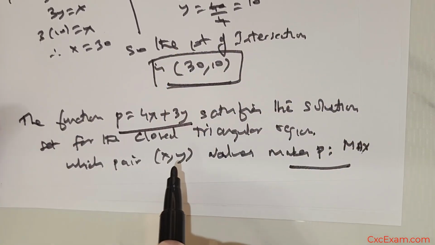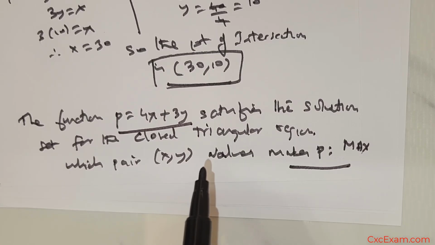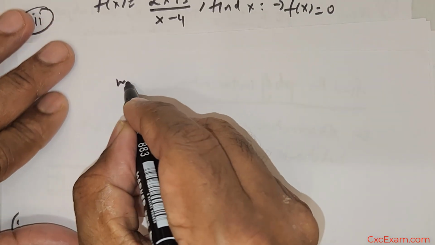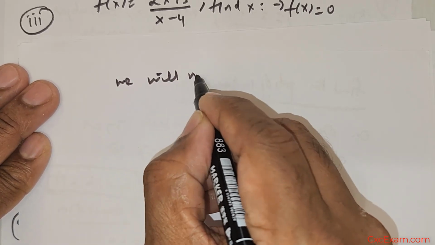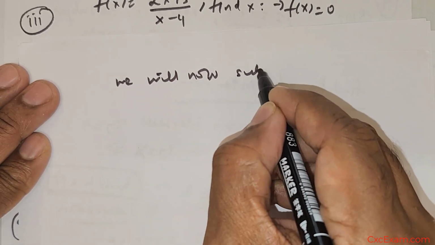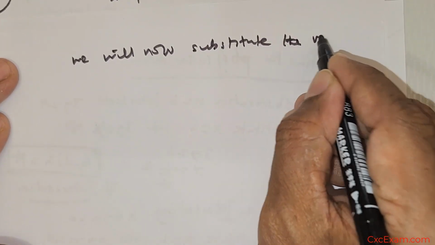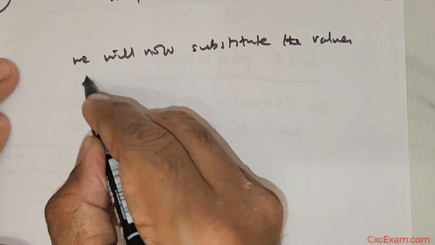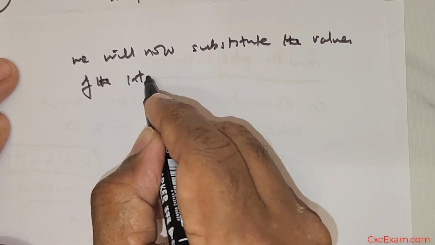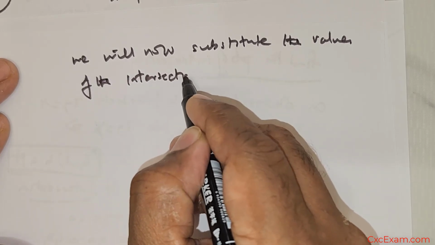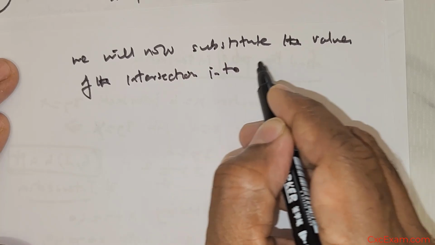So take this value, p = 4x + 3y. Now what we have to do is, I'm going to state that here, we will now substitute the values of the intersection into p.